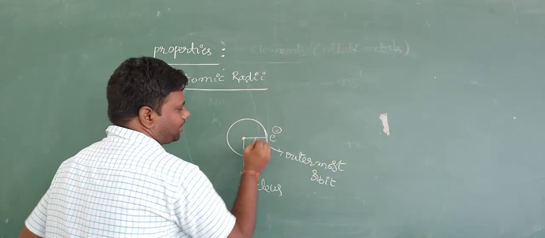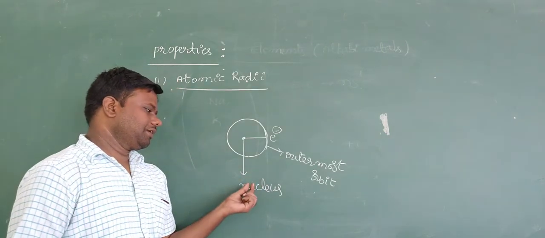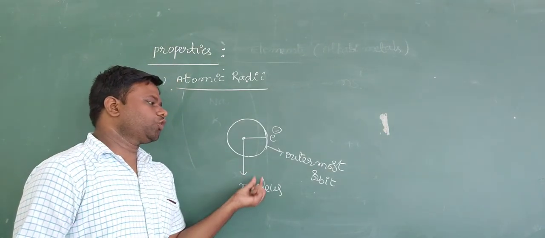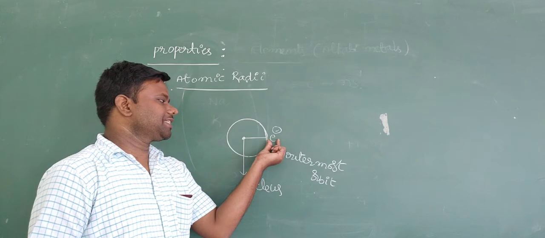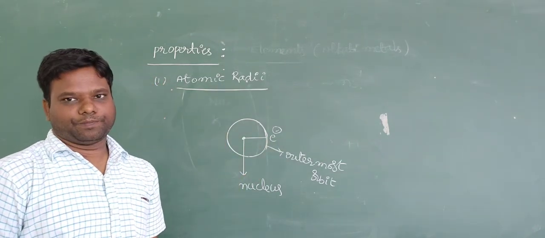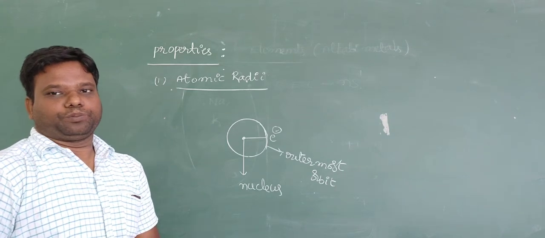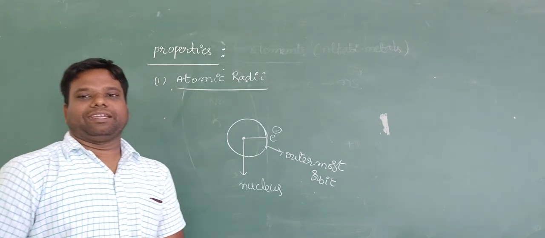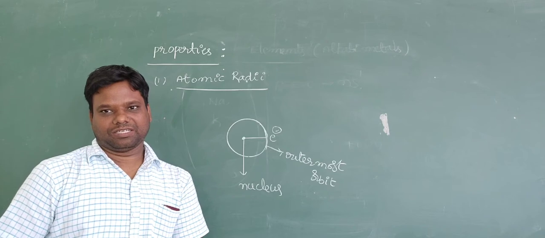This is the distance between the center of the nucleus and the outermost orbit of electrons, which is nothing but atomic radius.